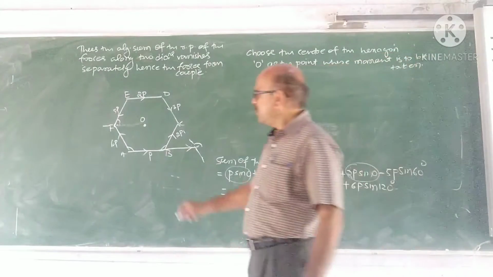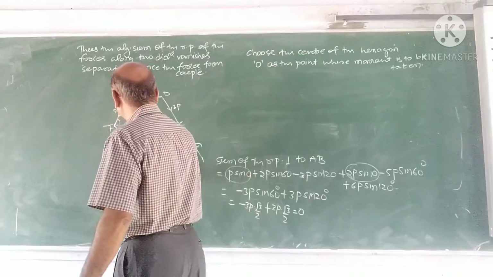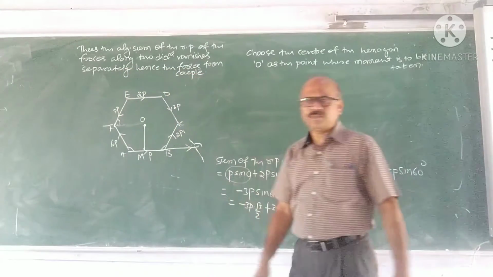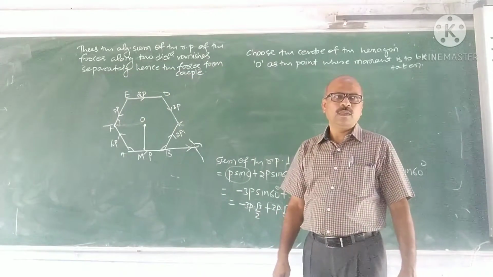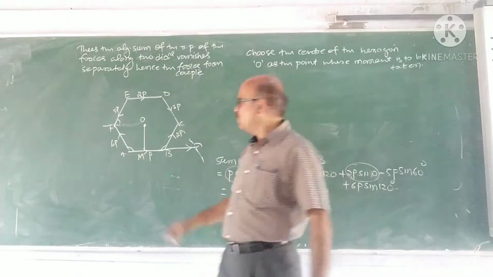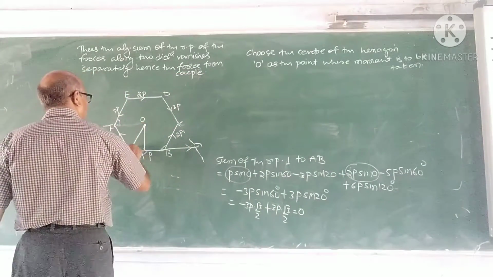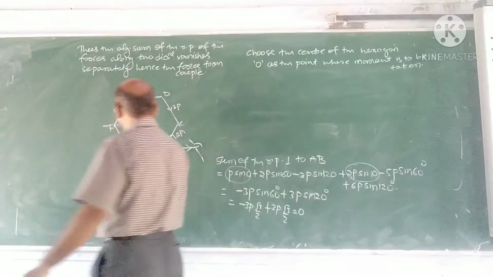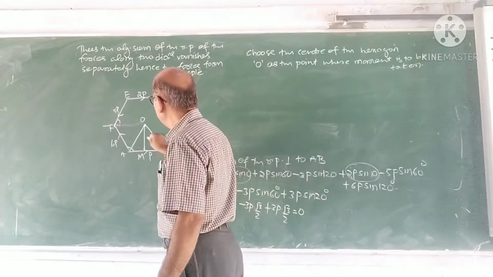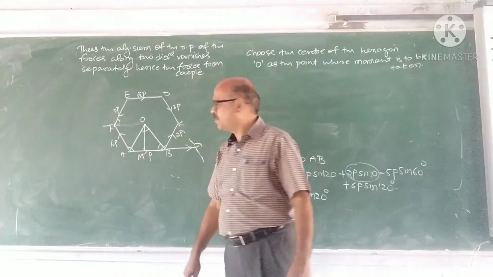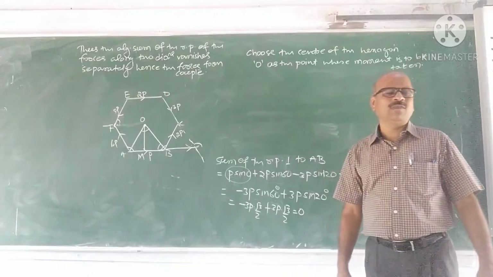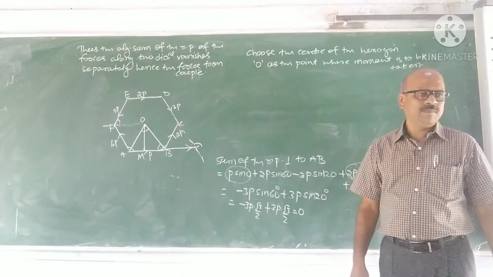Now we require the perpendicular distance. Suppose OM is the perpendicular distance. We have to find OM. To find OM, draw this. Since it is a regular hexagon, this triangle will be equilateral by elementary geometry.